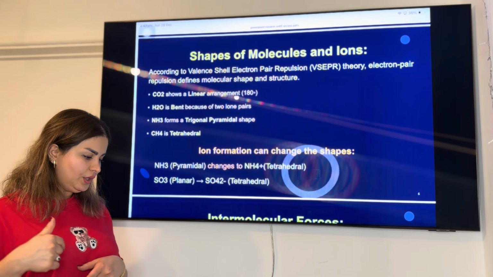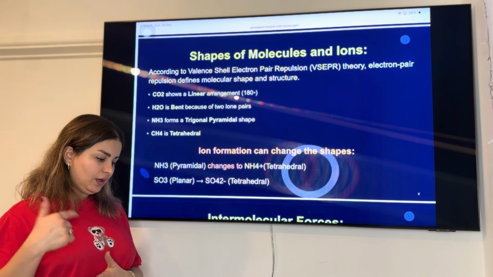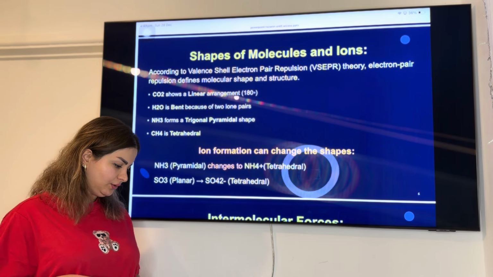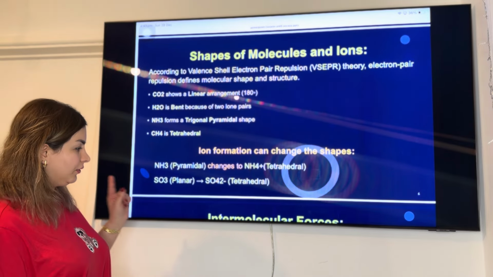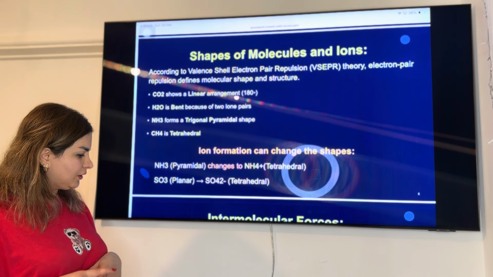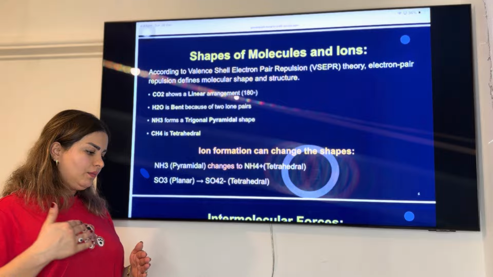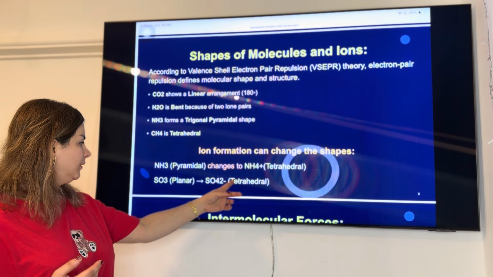For example, ammonia is trigonal pyramidal, but the ammonium ion has a tetrahedral shape. Sulfur trioxide is trigonal planar, while the sulfate ion is tetrahedral.